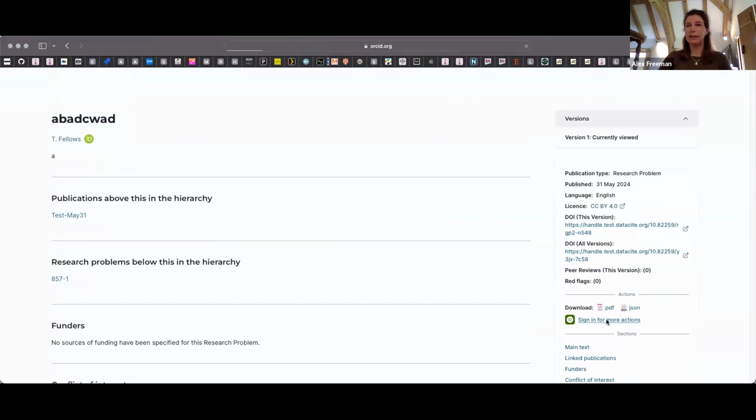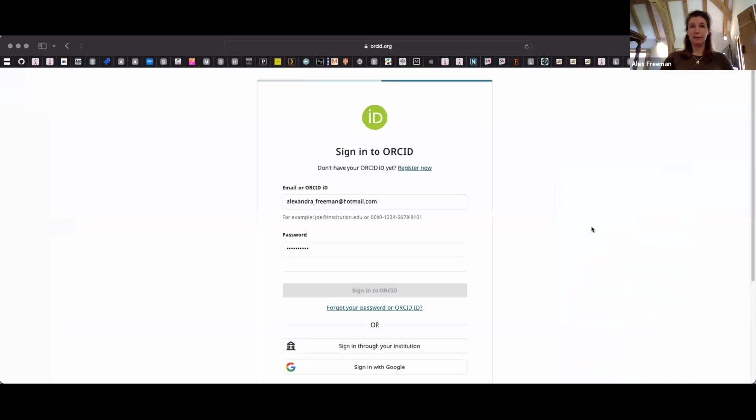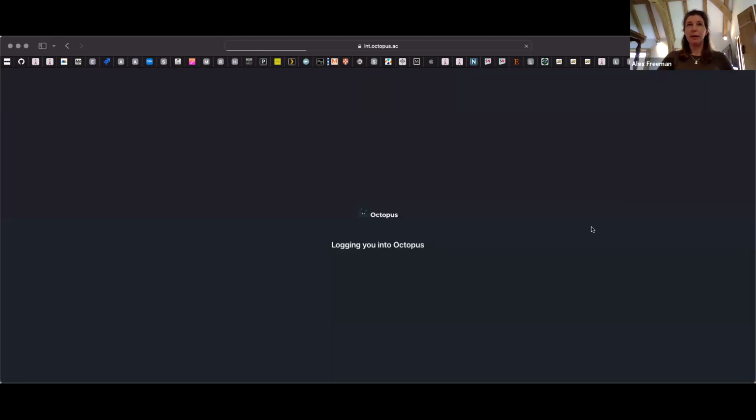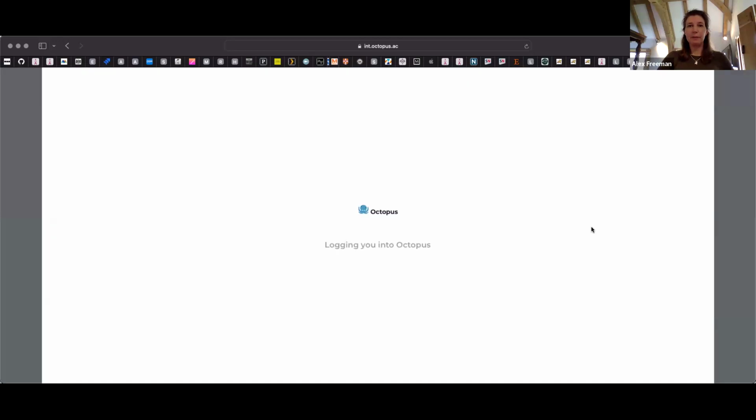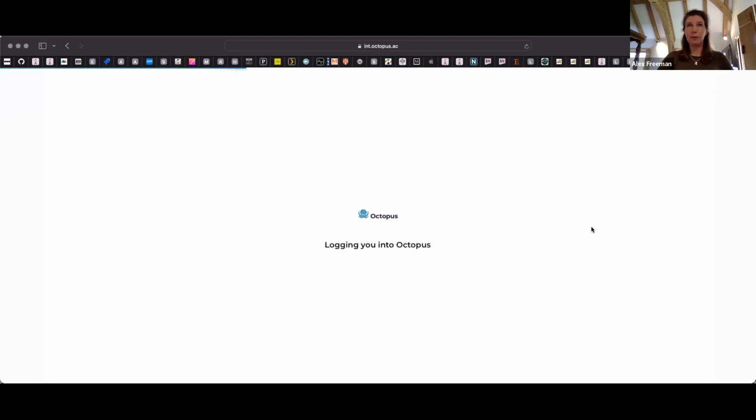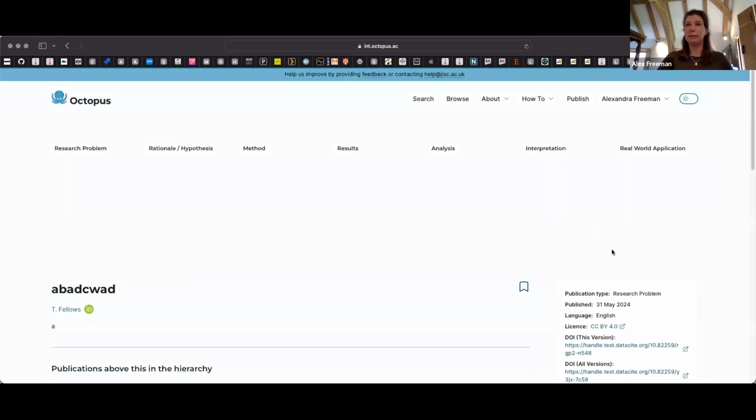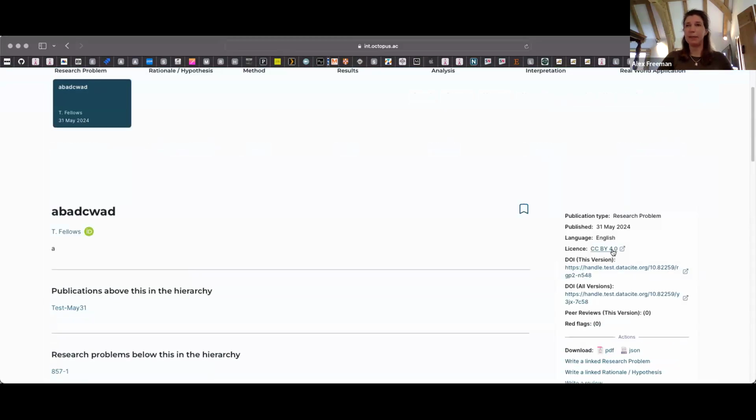So first of all, I need to sign in, because to publish on Octopus, you have to sign in so that it knows who you are. So I'm going to sign in via ORCID, which you saw me do earlier. Luckily, I've got my password already saved. So once I'm signed in, and apologies, it's all a little bit slow, then it'll allow me to publish. And I'll just show you the basics of that and how you can tie in publications from other places.